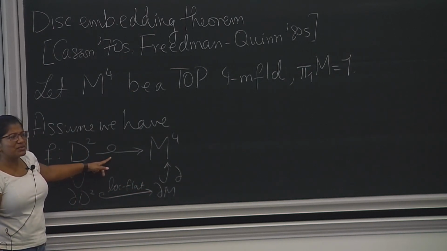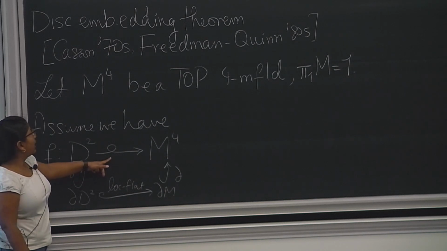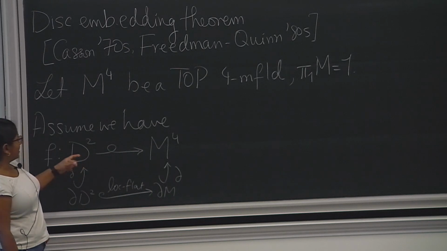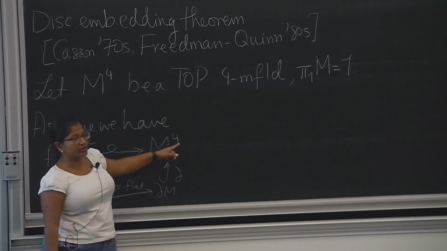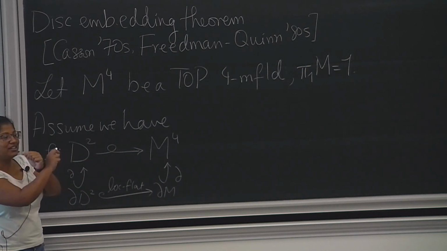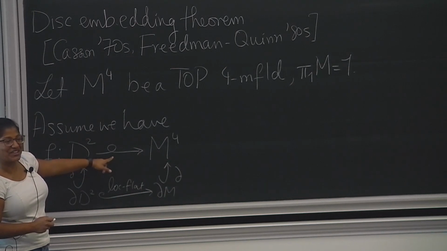This symbol is supposed to mean generic immersion, but you can think of it as just a continuous map, and that's really fine. If this is a smooth manifold, you know what a generic immersion means. It's a two-dimensional thing mapping into a four-dimensional space. So at most, you can assume that there are generic double point singularities, sort of like that little loop over there.